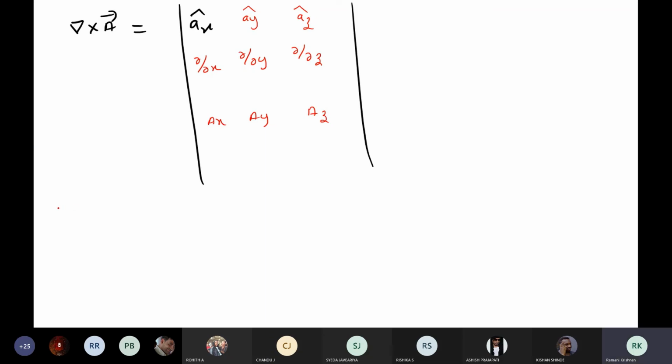Divergence of a vector was the maximum flux per unit volume as the volume shrinks to 0. For curl, we are going to talk only about rotation on the boundary. The curl is rotating only on the boundary.